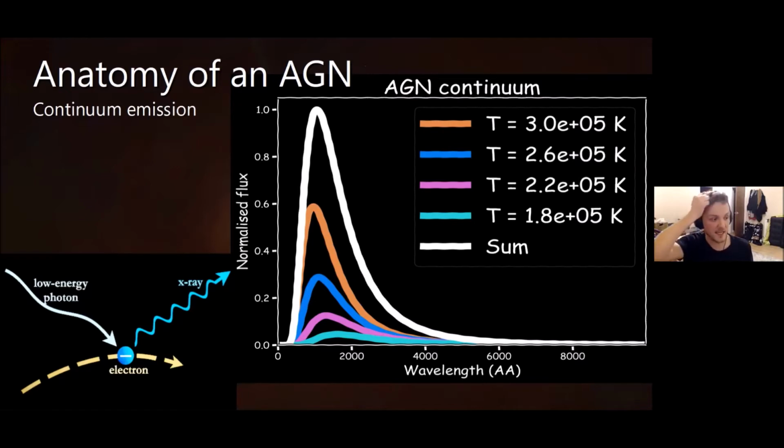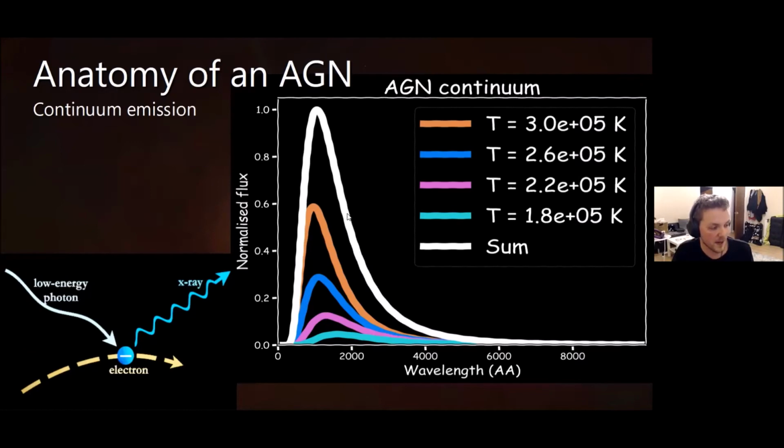And in the case of an AGN continuum, what you actually have is the accretion disk at the center, and this accretion disk is millions of degrees. If you sum up a number of these accretion disks with slightly different temperatures, and just cut out this part of the continuum, so let's say from 2000 onwards, you get a similar fit.